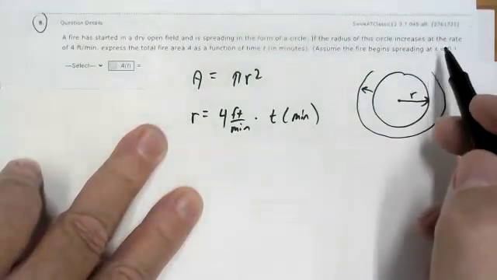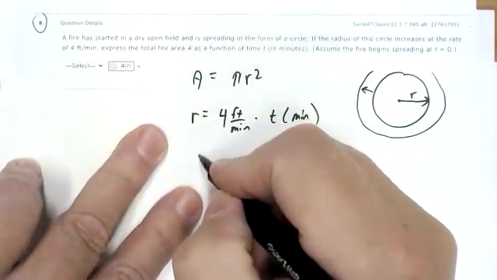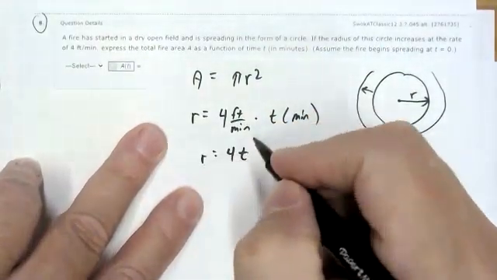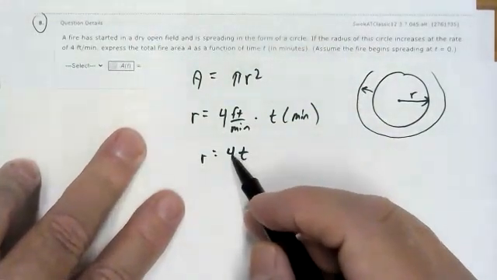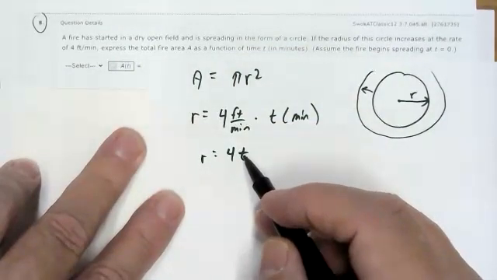If I make it even simpler, the radius is going to be 4t, 4 times the time that has passed, where the time is in minutes.